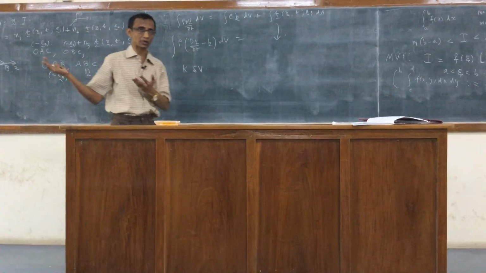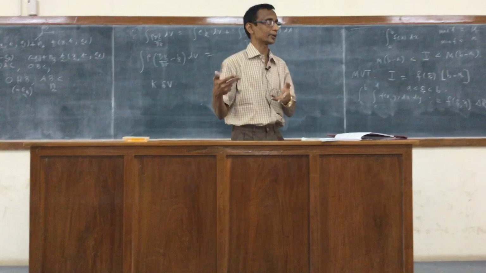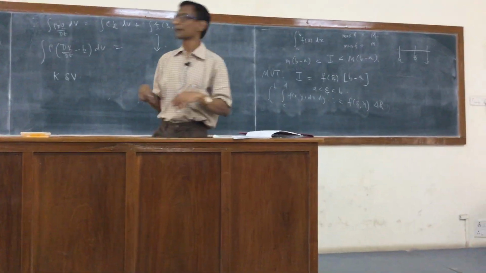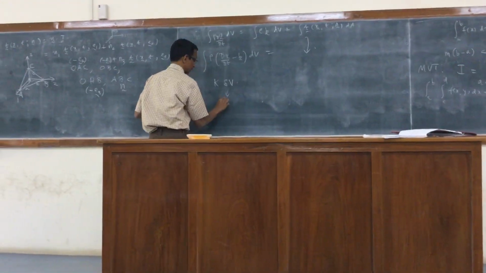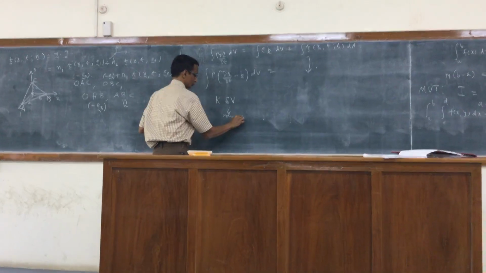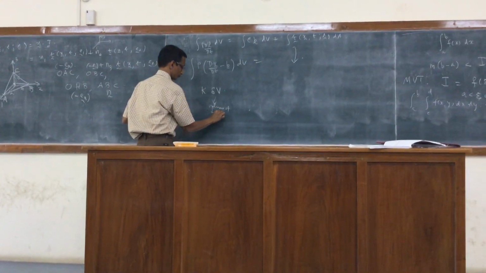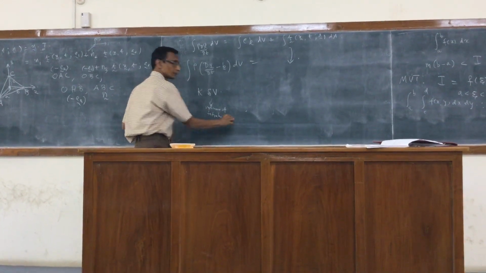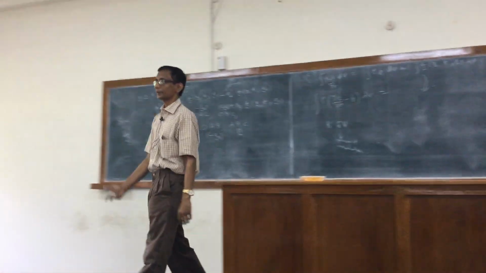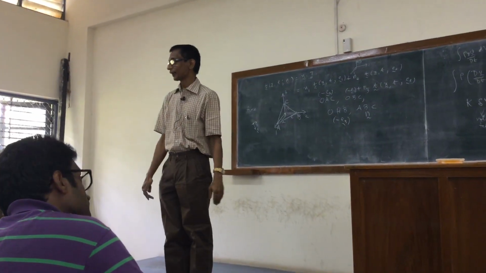There are expressions for the volume of the tetrahedron, but I don't need it here. I will just consider delta V as the volume of the tetrahedron. So I can write the left hand side like that.